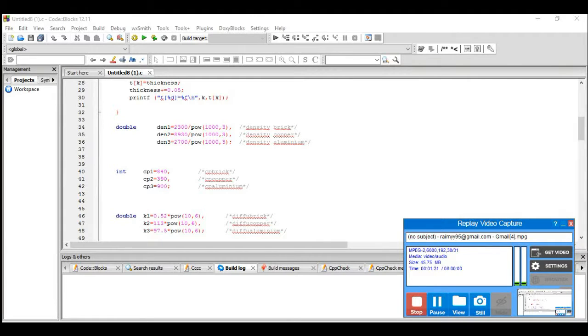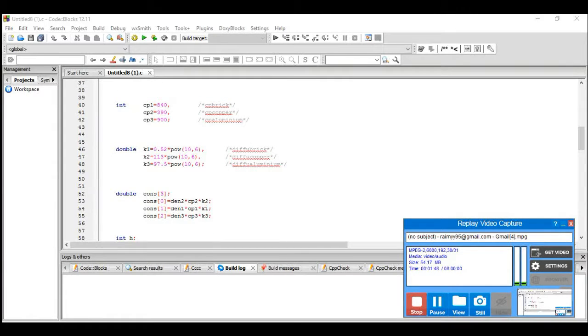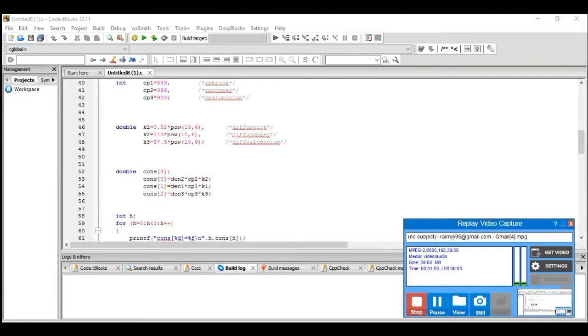And this is density 1, which is the density for brick, then density 2 for copper, and then density 3 for aluminium. CP1 refers to the specific heat of brick, CP2 refers to the specific heat of copper, and CP3 refers to the specific heat of aluminium. And K1 refers to the diffusivity of brick, K2 for copper, and K3 for aluminium.